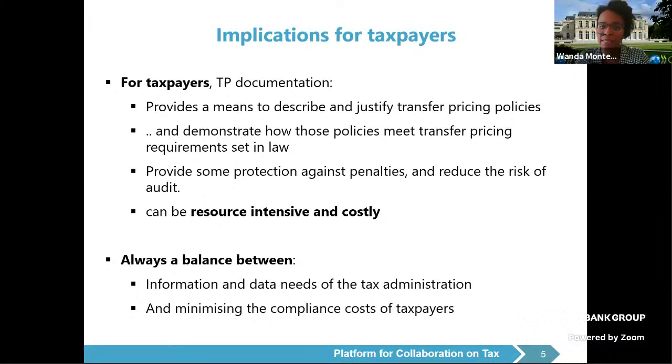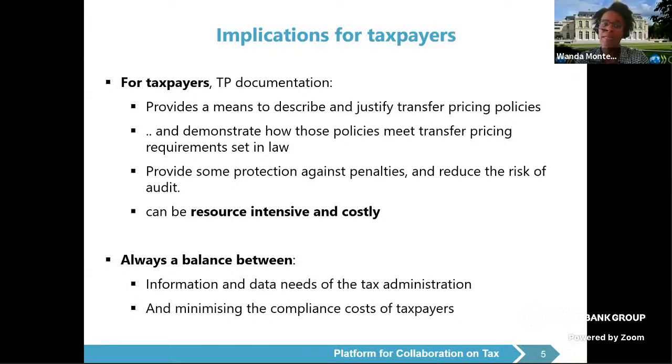However, we recognize that the preparation of transfer pricing documentation could be resource intensive and costly for taxpayers. And with this view in mind, and as Melinda already mentioned, the toolkit tried to balance the information need from tax authorities, but as well minimizing the compliance cost for taxpayers.